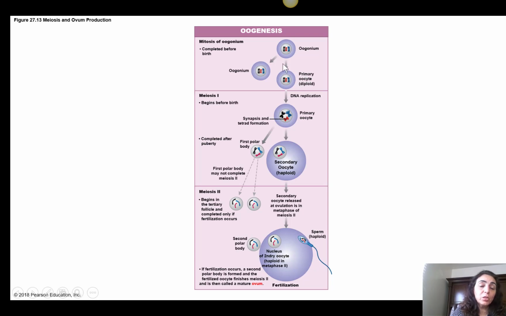And as you remember, when oogonium goes through mitotic division, it makes two identical daughters that are identical to the parents. So both of them are still diploid, or we call them 2N, and they both have 46 chromosomes, right?